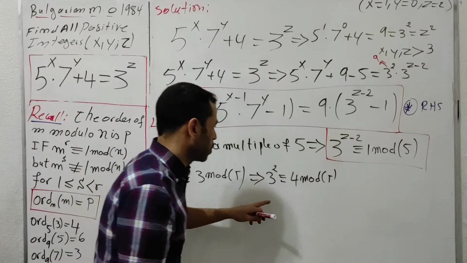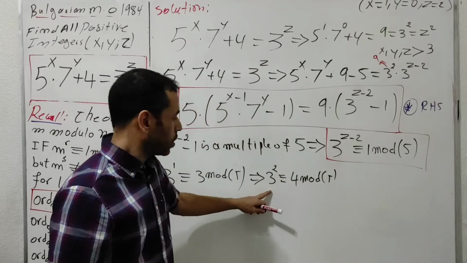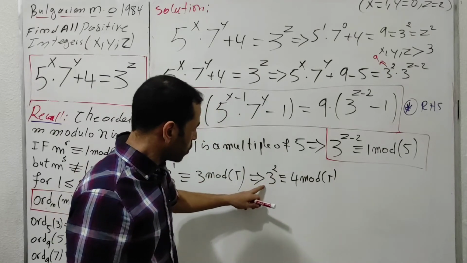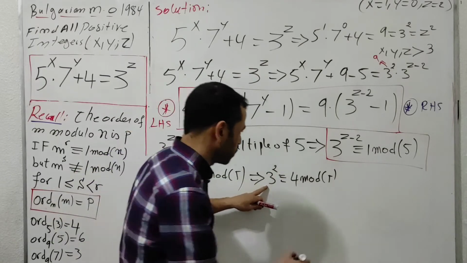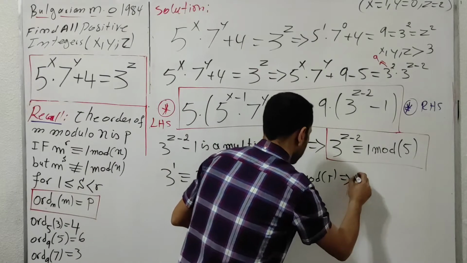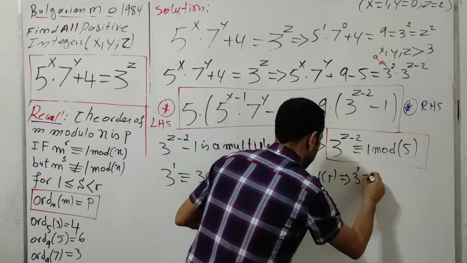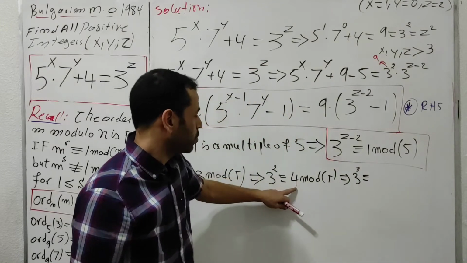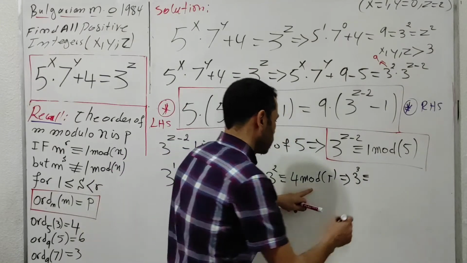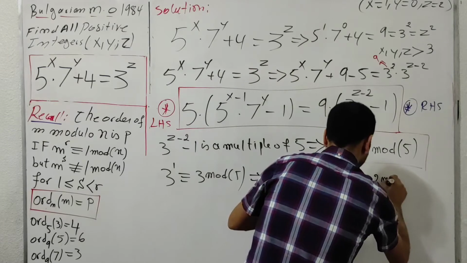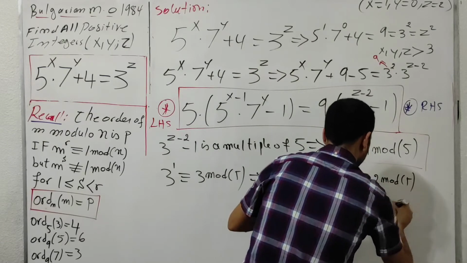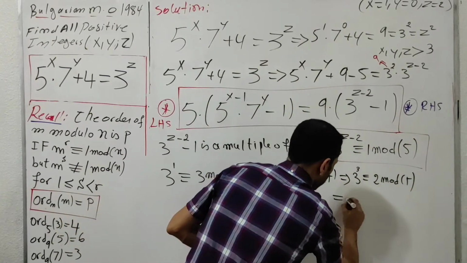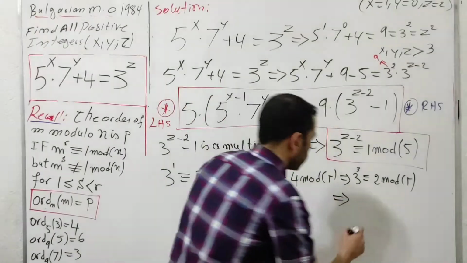So I'm going to multiply both sides by 3 also. I will get 3 to the 3 is congruent to 12 mod 5. 12 mod 5 is the same thing as 2 mod 5. Also, I'm going to multiply both sides by 3 again.